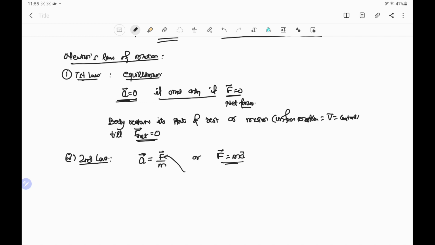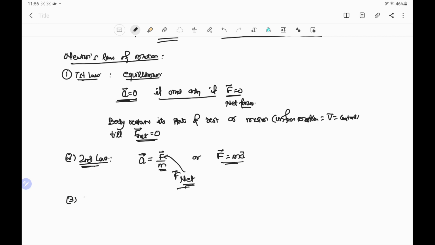F is the net force because force is a vector quantity. If a number of forces are acting on a body, then we will have to add those forces using the vector addition method, and we will get F net, that is the net force. This net force divided by the mass of the body will give the acceleration. So this is Newton's second law.